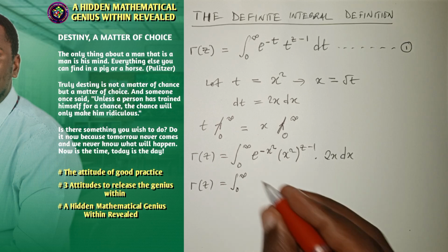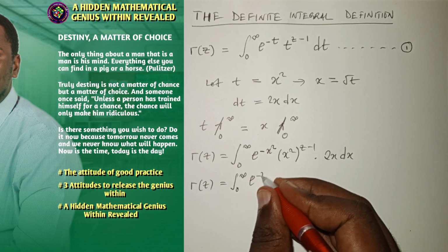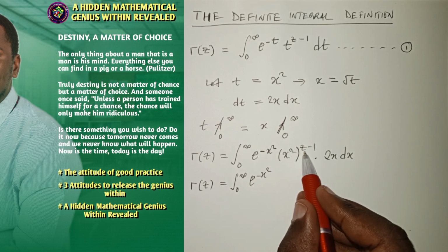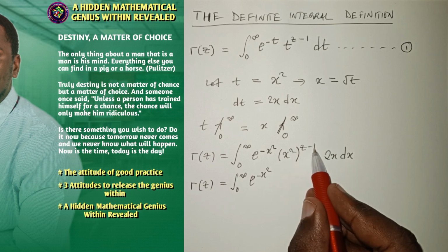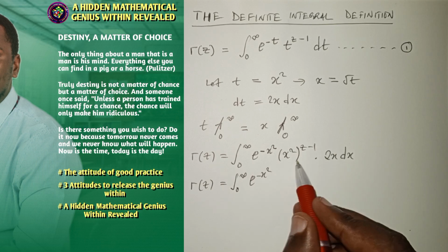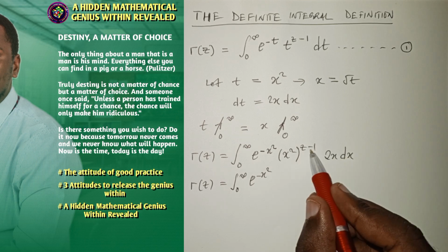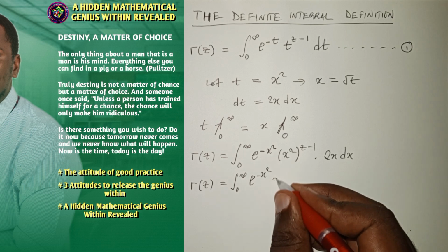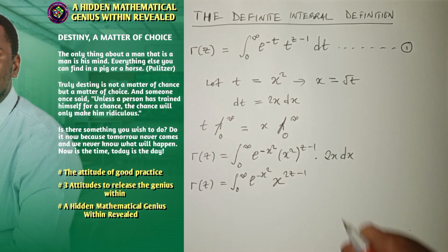The e to the minus x squared stays as it is. The power becomes 2z minus 2. Then we have x here, so we add a 1, since when you have the same bases, you add the powers. So minus 2 plus 1 will be minus 1. We are going to have x to the power 2z minus 1.